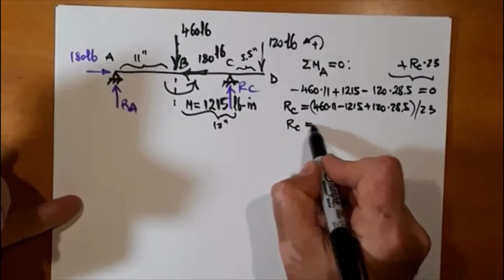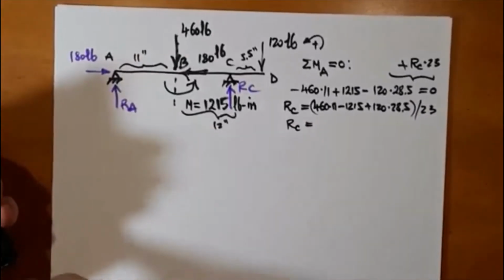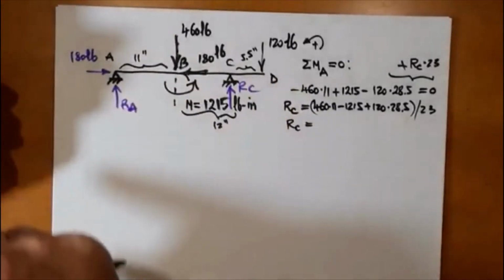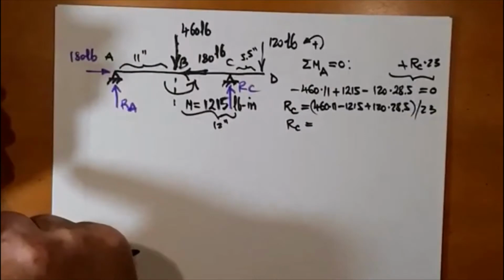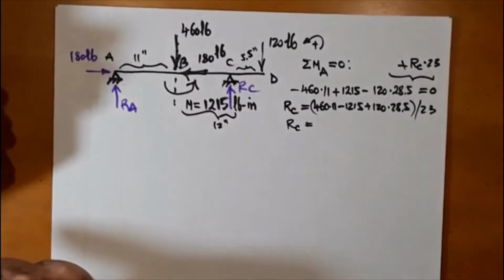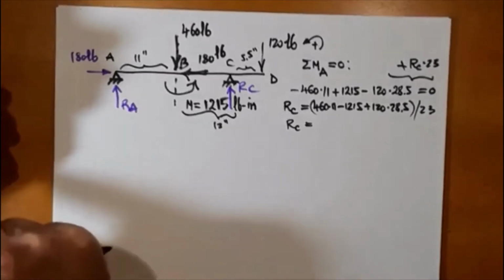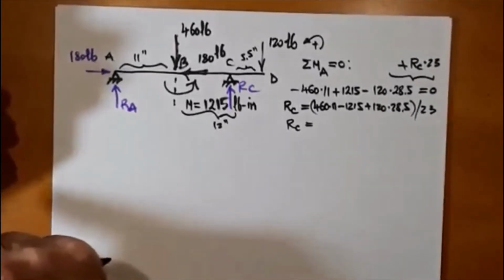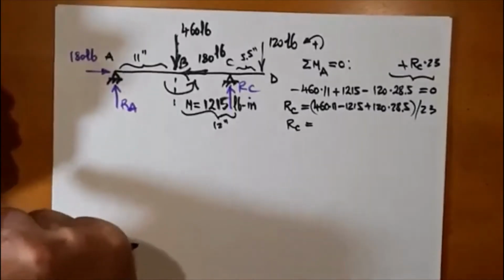So RC is going to be, I still have 28.5 on my calculator, so multiply times 120 plus 460 times 11, negative 1215, and divided by 23.